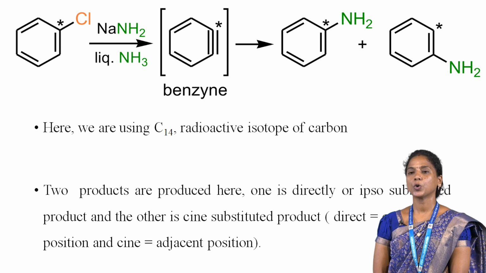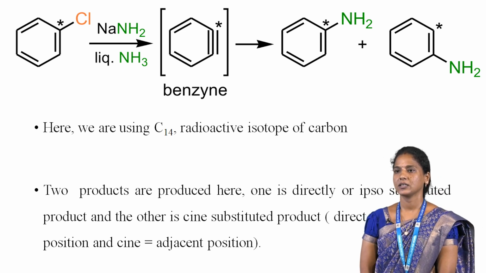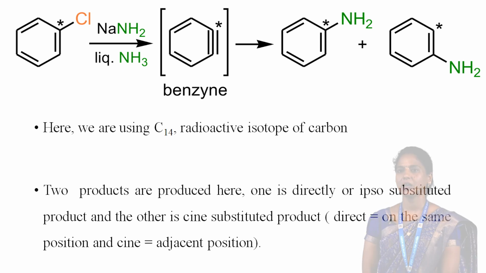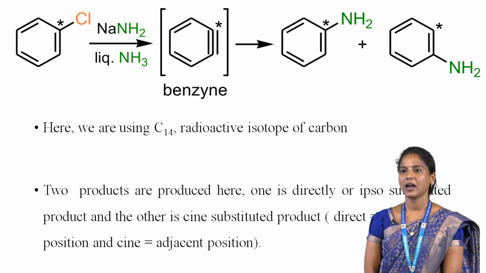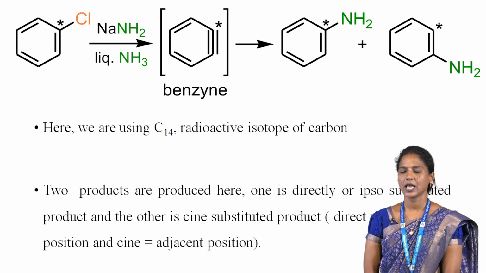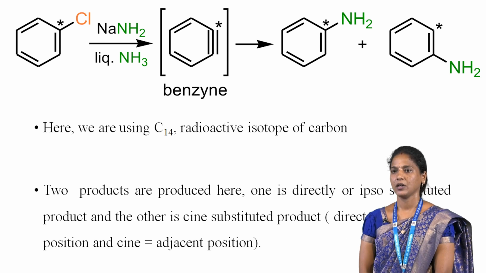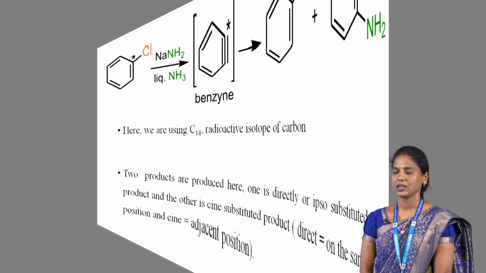Two products are produced here. One is the direct, or ipso, substituted product, and the other is the cine substituted product. Ipso means direct substitution at the same position, and cine means at the adjacent atom position, meaning positions 2 and 6. Thank you.